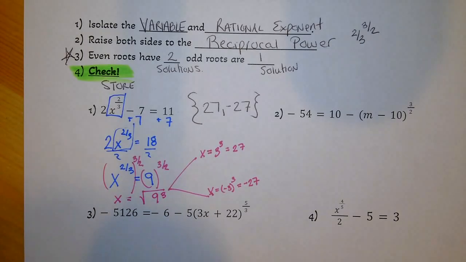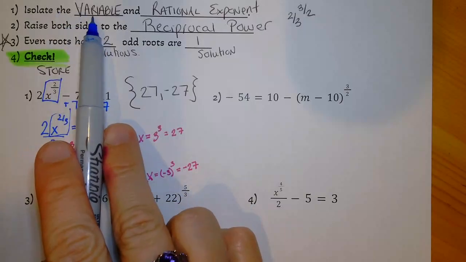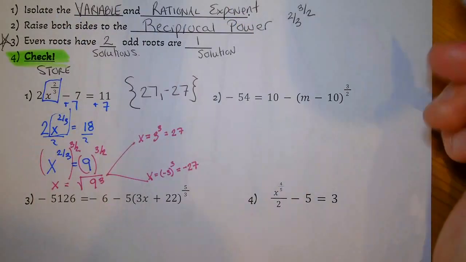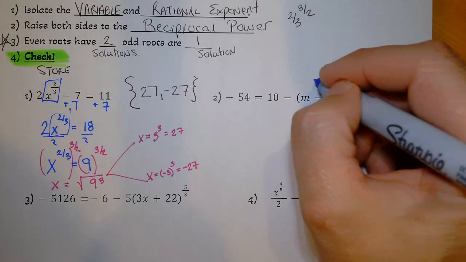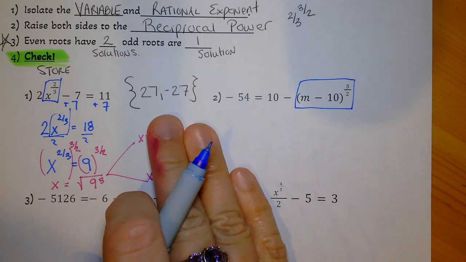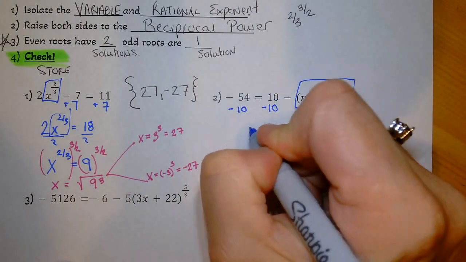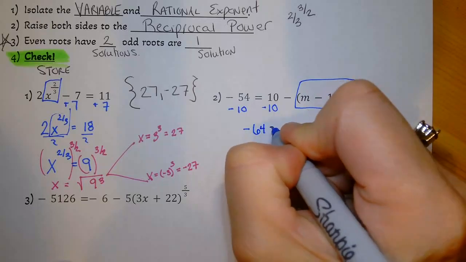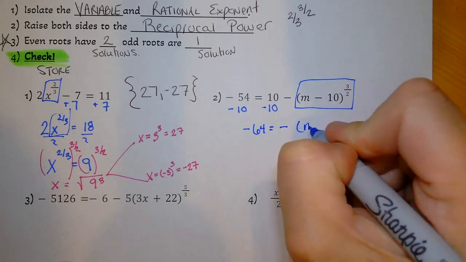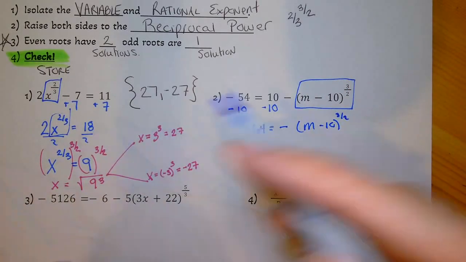All right, let's try another one, number 2. So let's go back and talk about our goal. We want to get the variable and the rational exponent by themselves. So my goal is to get this term by itself. So who would I move over first? Hopefully you're saying subtract the 10. So that would be -64 equals m minus 10 to the 3 halves.